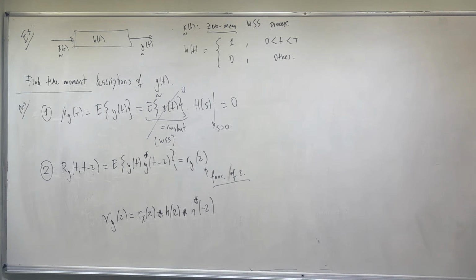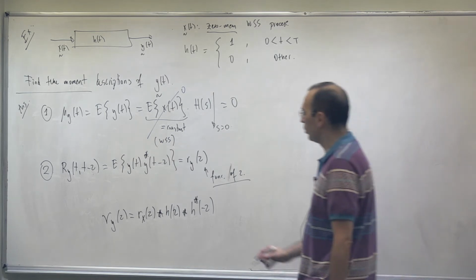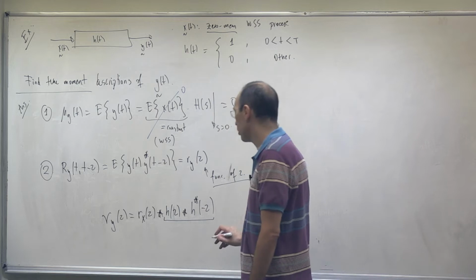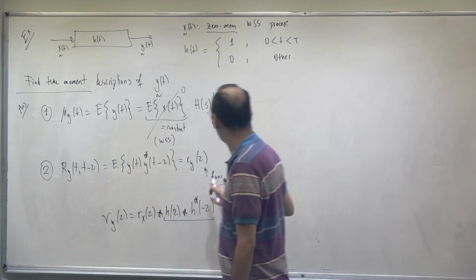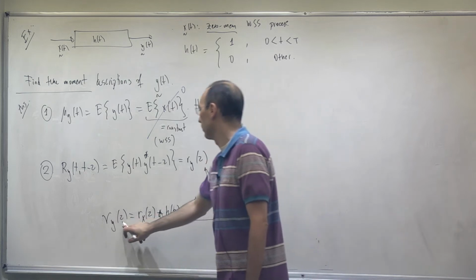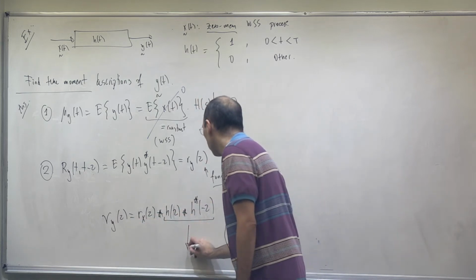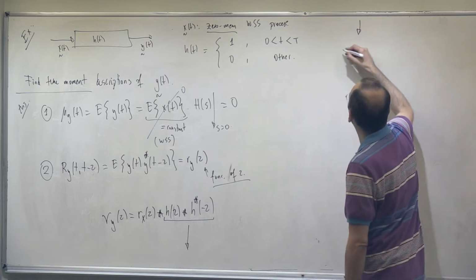Okay. So my only issue is then calculation of this. If I can calculate that, that would give me this Ry of tau function also. And we are done. So let me do this.